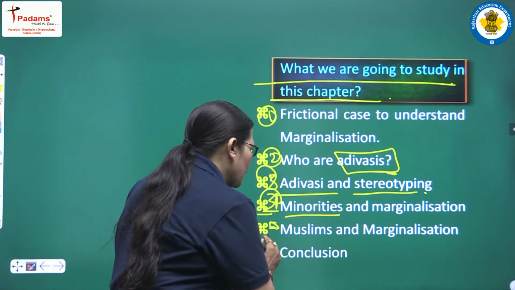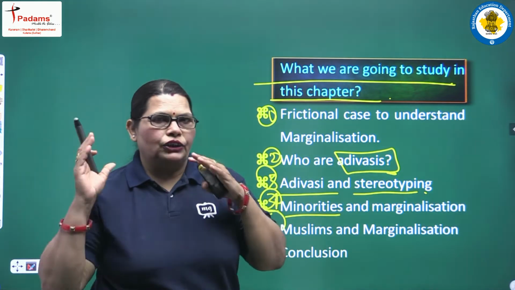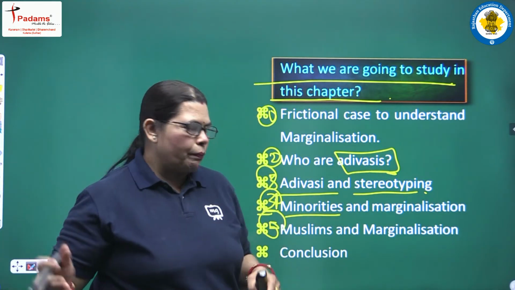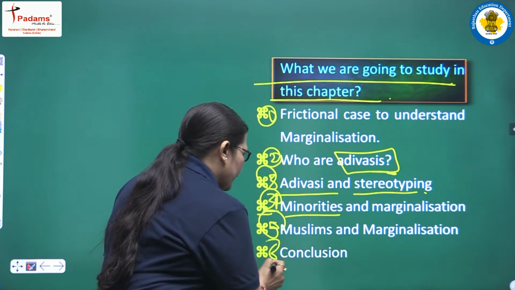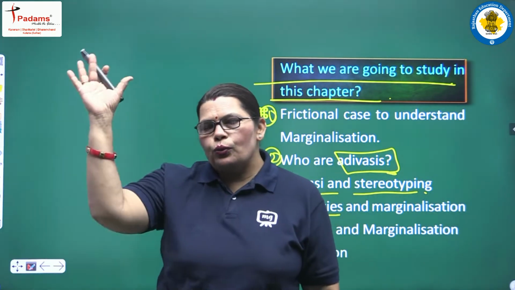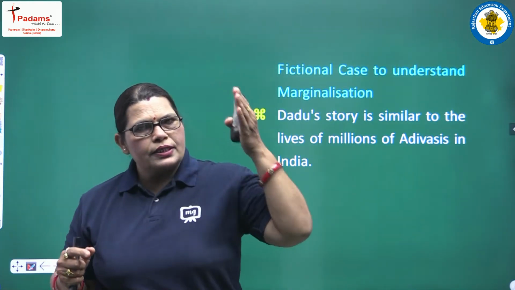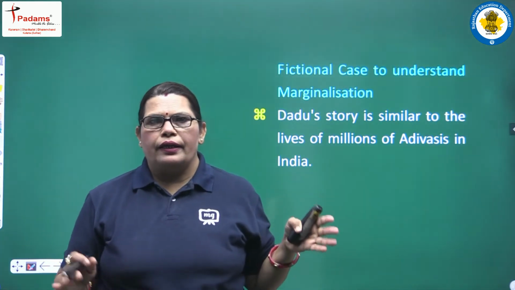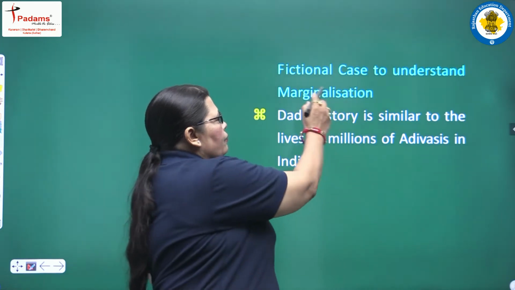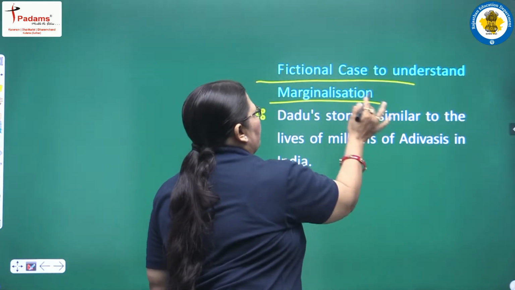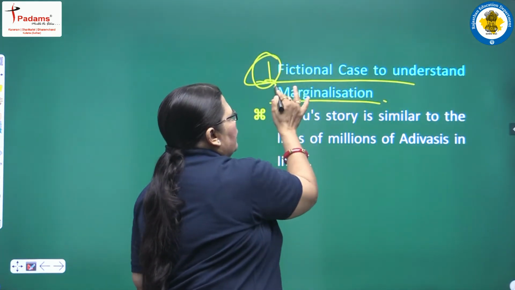We will also discuss Muslims and marginalization, and at the end of the chapter we will conclude and sum up everything. These are the main points we will consider in our chapter reading session. Our first point starts from here.